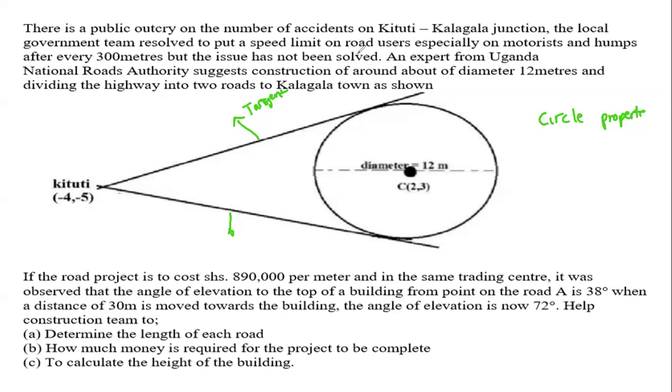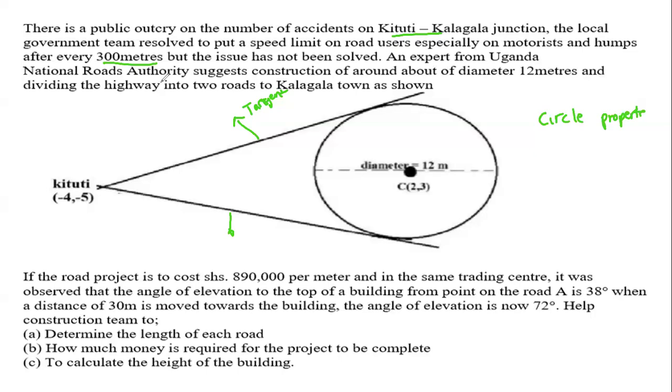Now, they told us that there is a public outcry on the number of accidents on this junction. However, the government has resolved to put a speed limit on the road users, especially the motorists, and humps every 300 meters. But the issue has not been solved.